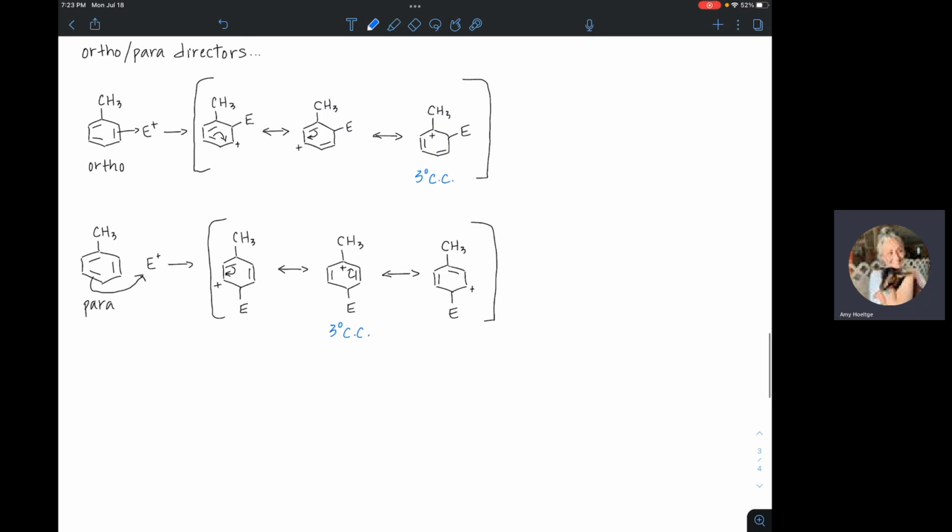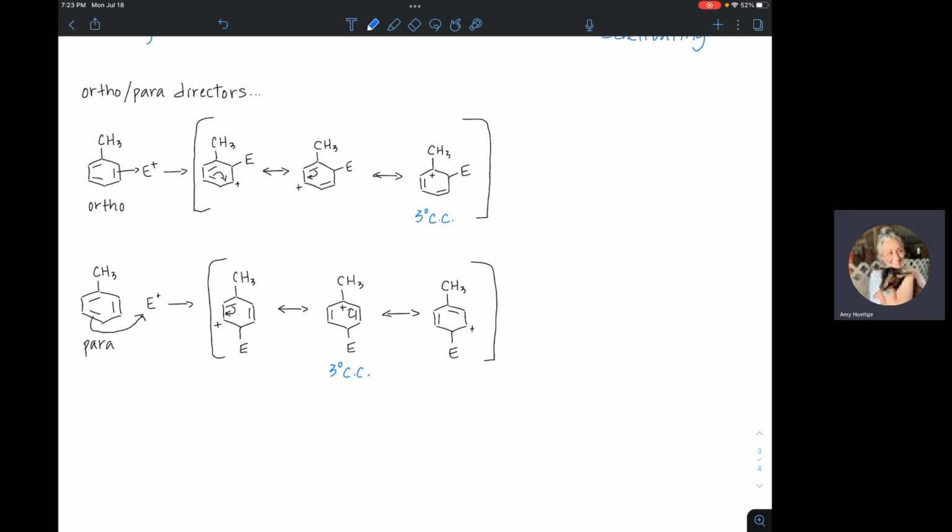So in these resonance structures, we have at least one contributing to the hybrid where we have created a tertiary carbocation. In reality, we got an ortho-para majority, major product in the lab. This could be a pretty good explanation as to why.